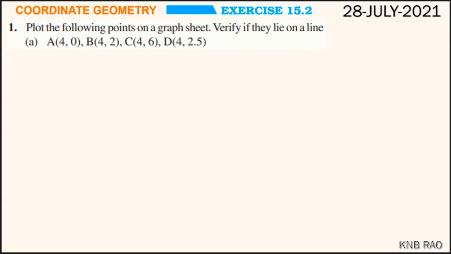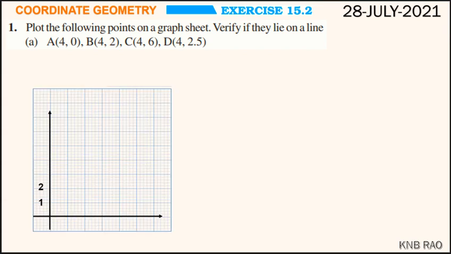Plot the following points on a graph sheet and verify if they lie on a line or not. It is the same work we did, but here you need to do it. I have taken a Cartesian plane.